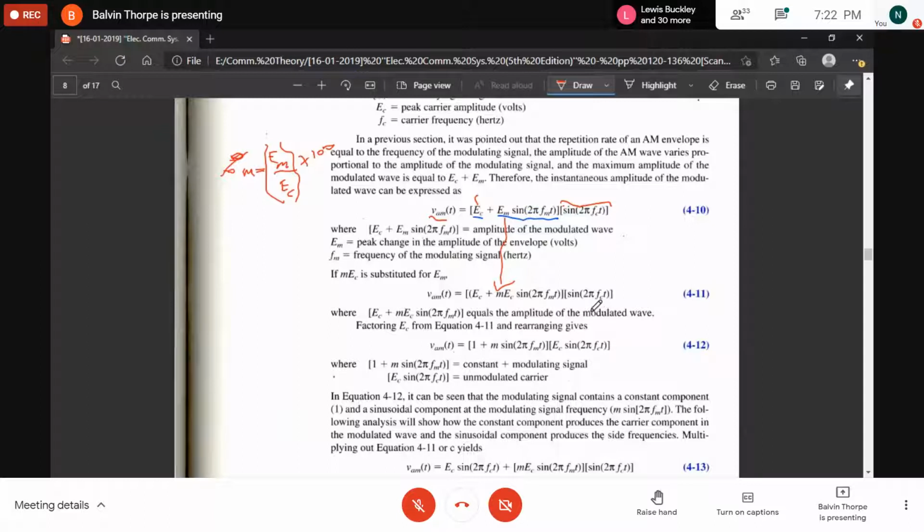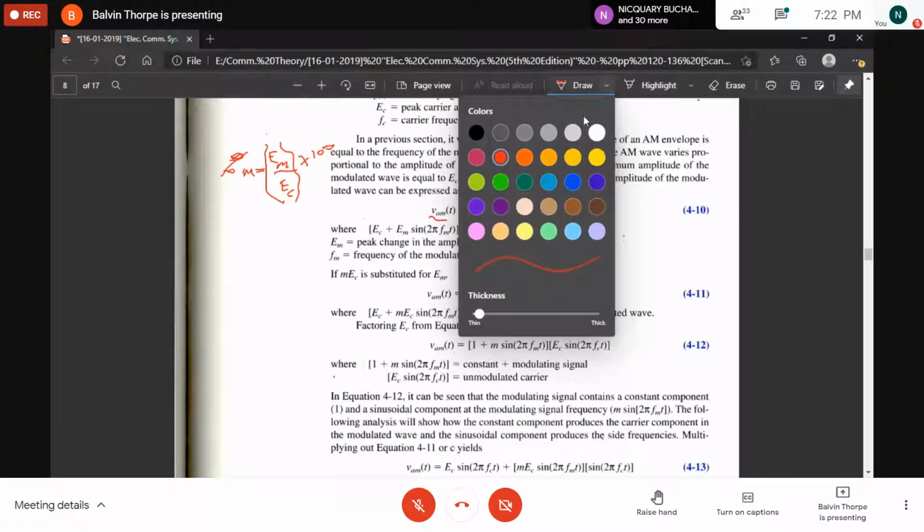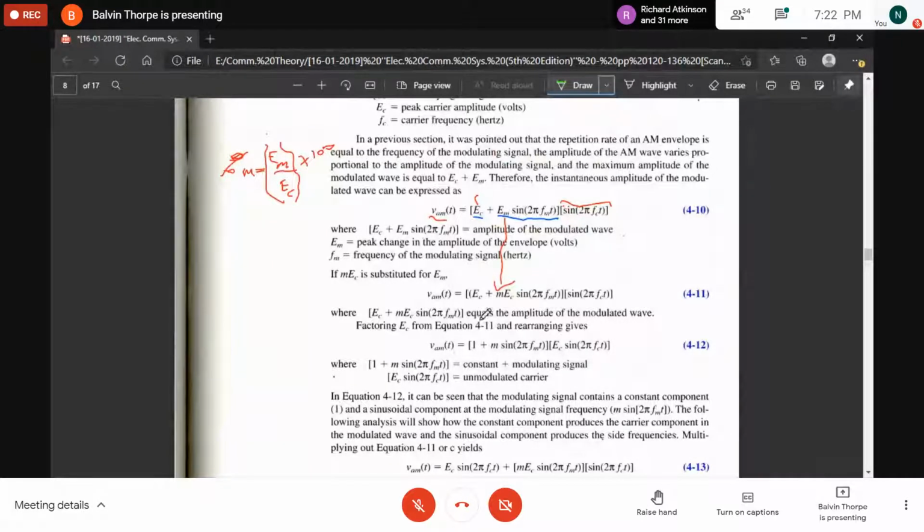Before we expand the expression, we can simplify it by factoring out from here. Again, let me just highlight in a different color. So from here, we can factor out EC, and when we factor out EC, we're going to have E outside, times 1 plus M sine 2 pi f inside.